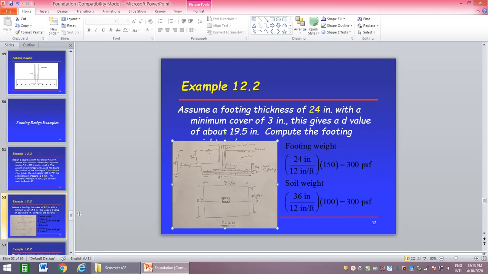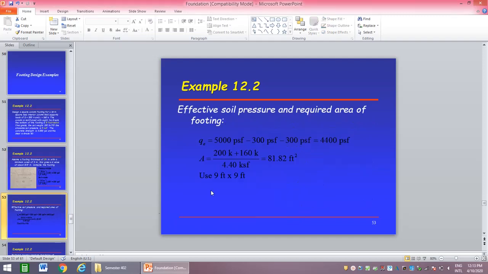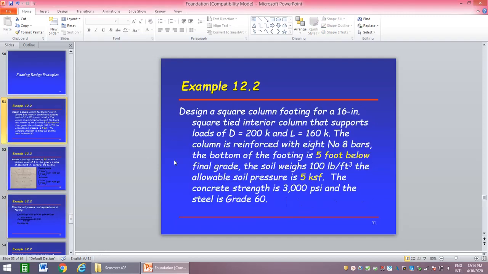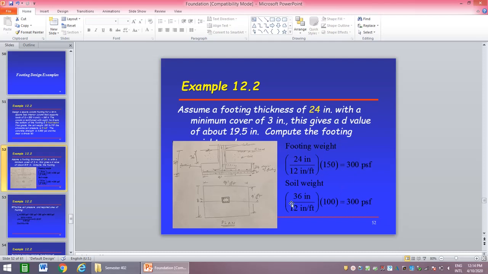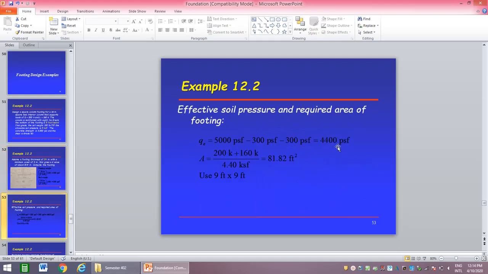So what is the effective pressure acting on the soil? You have to calculate the effective pressure, because it is 5 ksf, so this means 5000 psf. So 5000 psf minus 300 minus 300, it is coming 4400 psf.